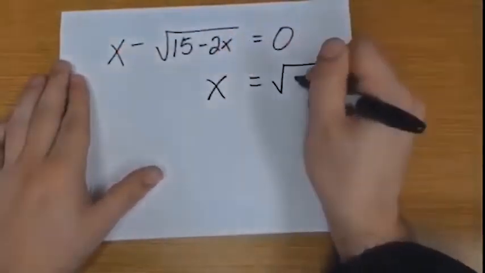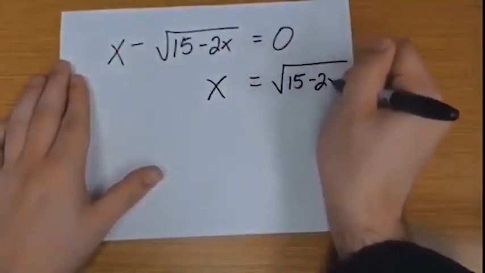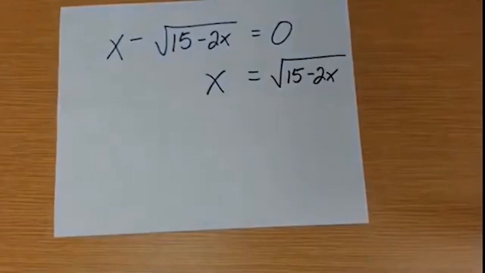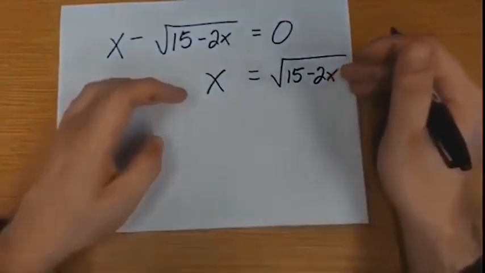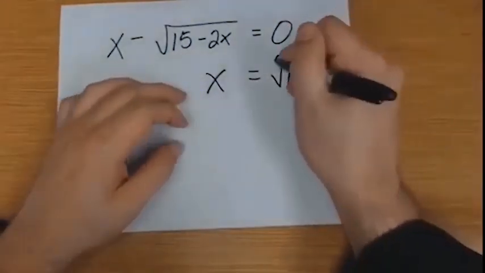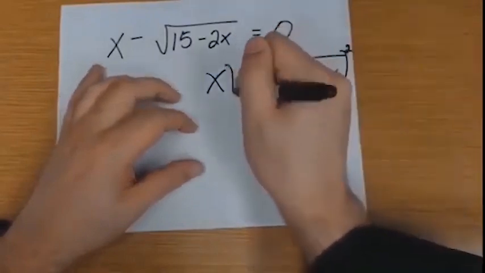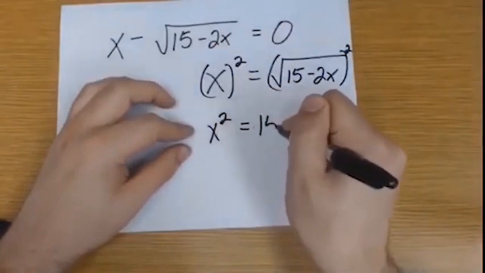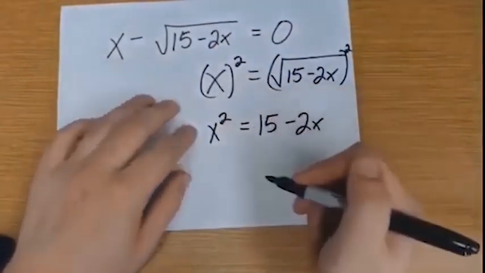Let's just add the radical 15 minus 2x to the other side. We're going to undo this square root by squaring both sides. So x squared equals 15 minus 2x.